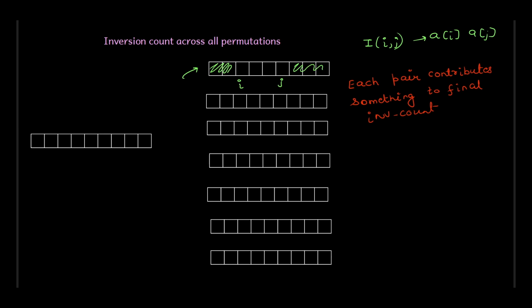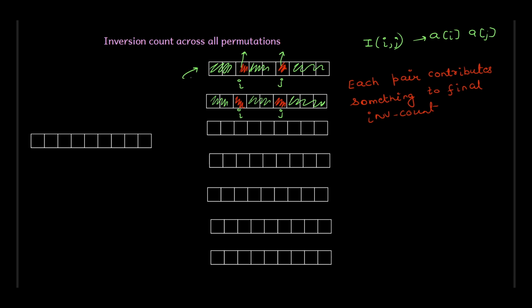Whatever you have placed here does not matter. The only thing that matters is, did you place a smaller element than me or a bigger element than me? If you apply that same reasoning to this same index in the other permutation, the same reasoning follows: whatever you have placed in the other locations does not matter. I only care about what you have placed here and what you have placed here.